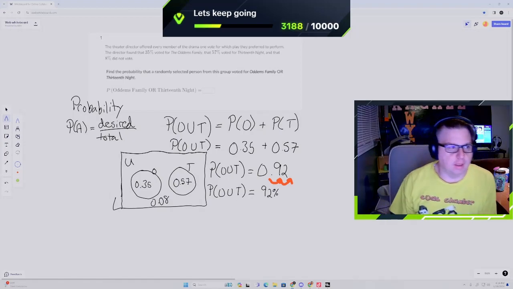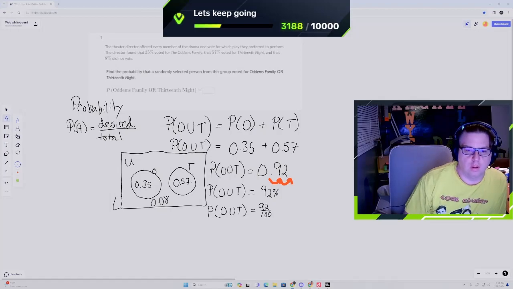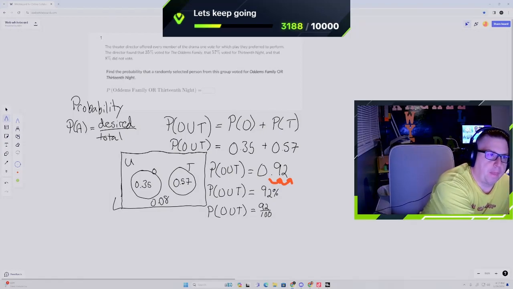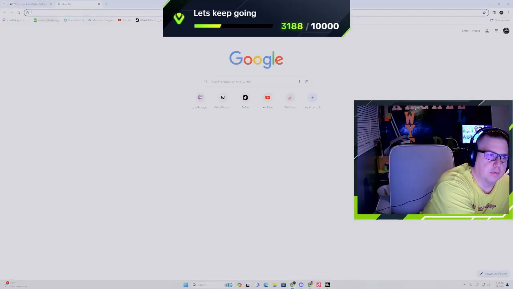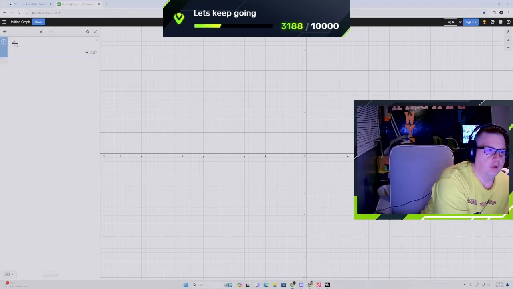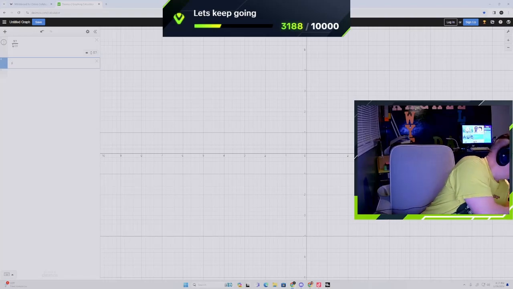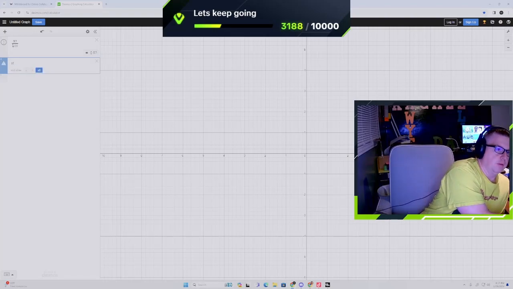And then the last thing that they also wanted to do is make it a fraction. So we're going to also put 92 over 100. And once we do that, I'll pull out our Desmos calculator. 92 over 100 gives us that, which, let's see if we can simplify.